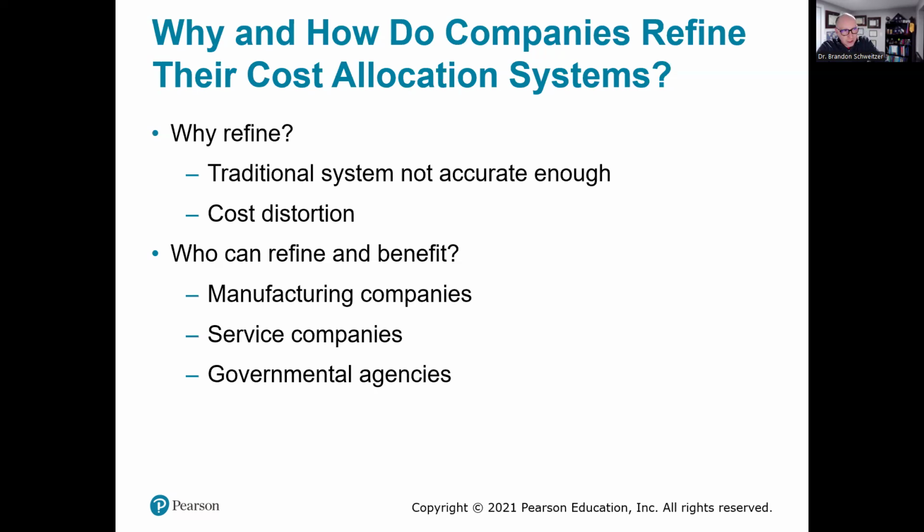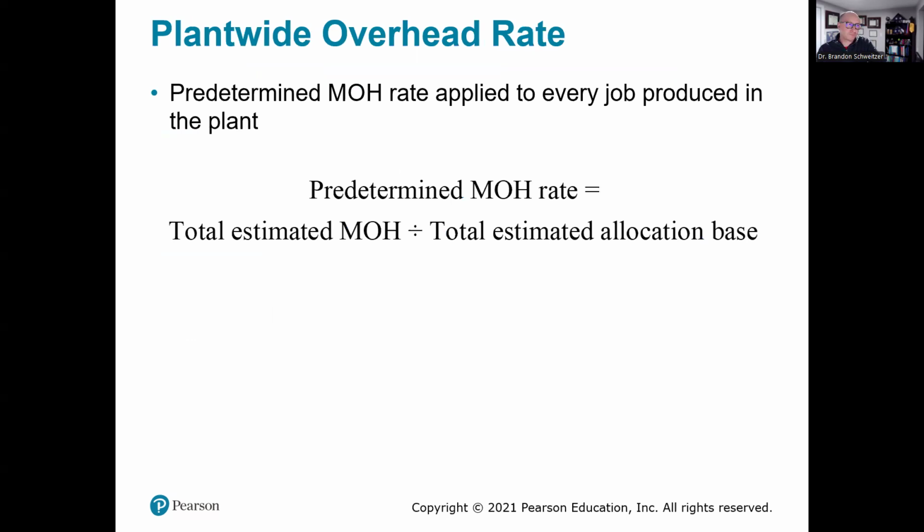These are the reasons why cost distortion occurs. And so it's important that we understand that. So how do we refine this? We take a closer look at our overall application of our plant-wide rate method or our general application of overhead. So let's talk about that.